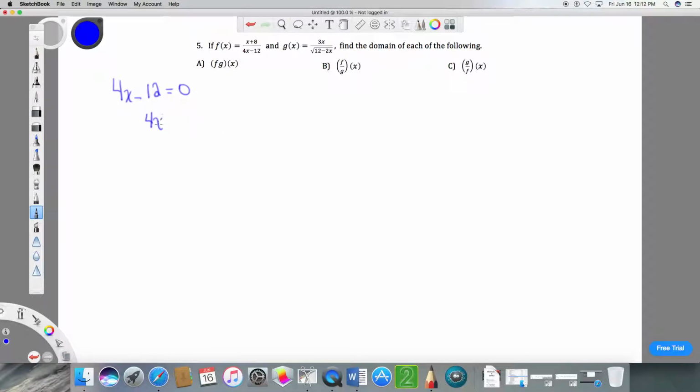So we temporarily set it equal to 0. We solve the equation, and we say if x were allowed to equal 3, then this denominator would be 0, and we don't want that to happen. So the domain of f is all real numbers, excluding positive 3.